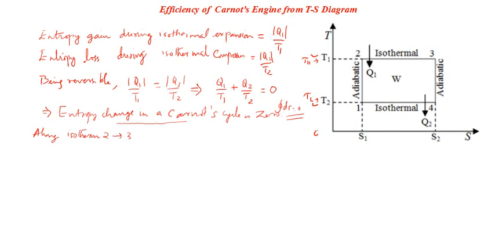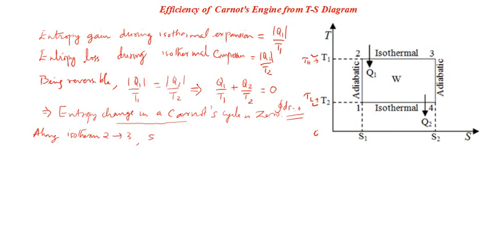Along isotherm 2 to 3, what will be the entropy change? Whatever entropy change is happening during the cycle, it is happening during the two isothermal processes. During the adiabatic process it will not happen because entropy is constant. So what is the change in entropy?